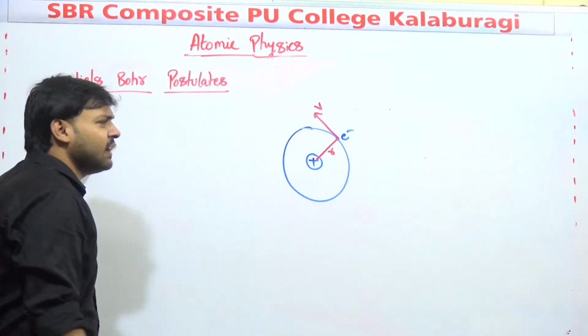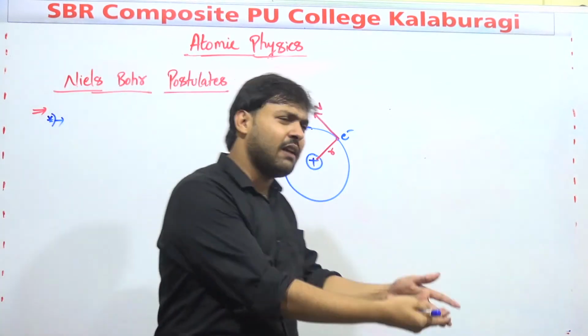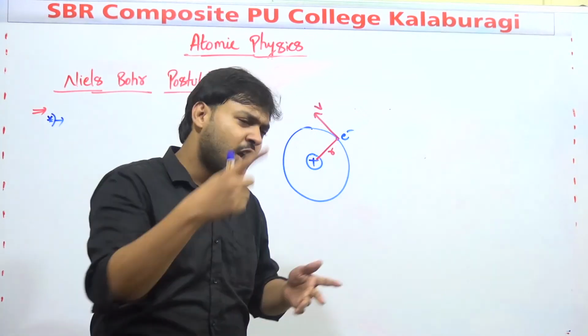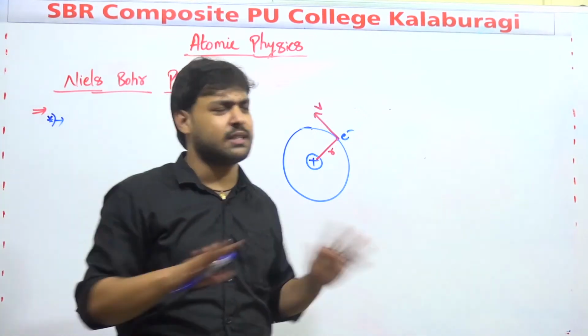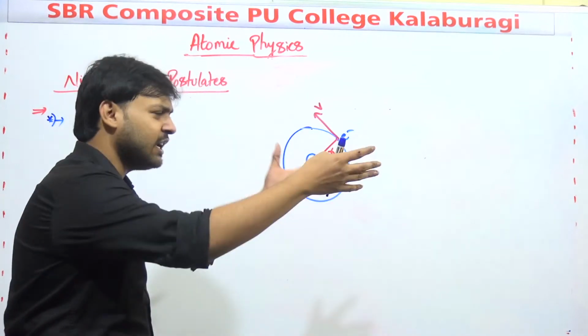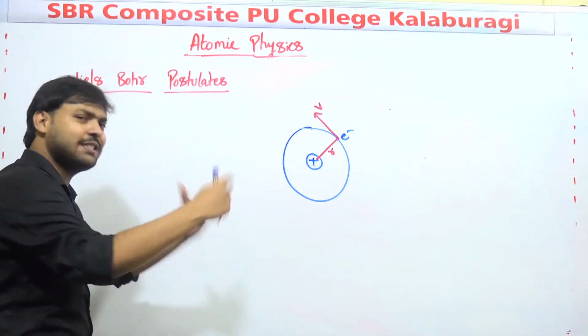The first point is nothing but what Rutherford developed, the same. What is that? Electrons revolve around the nucleus in circular orbits. Yes, that is correct. So that's why he took the first postulate as Rutherford's model only.